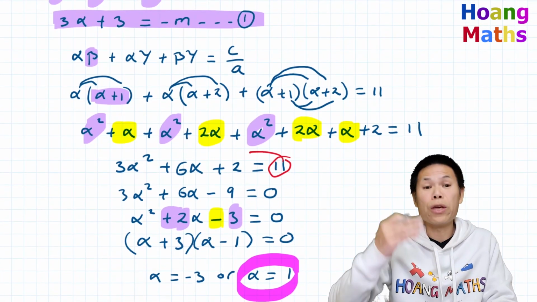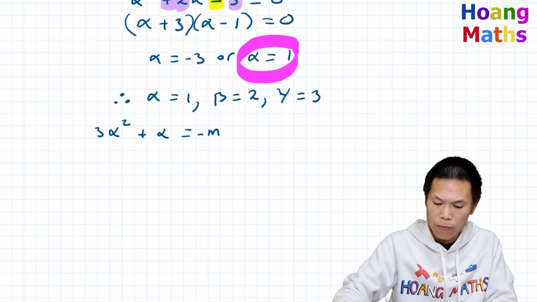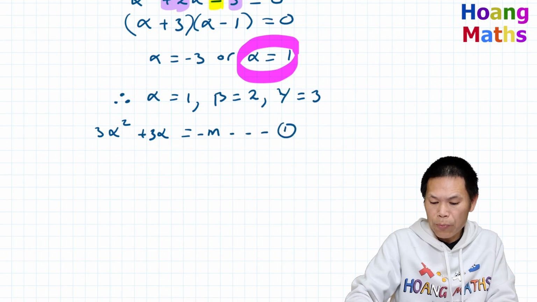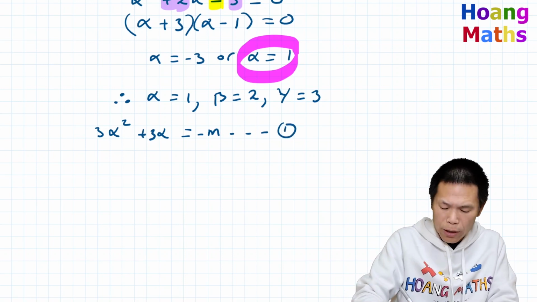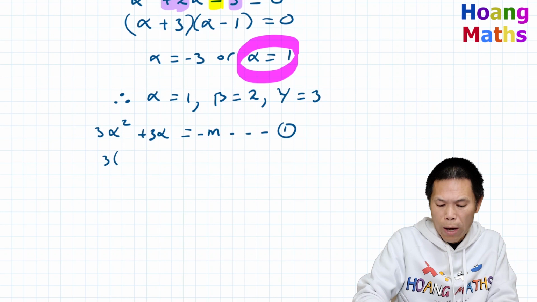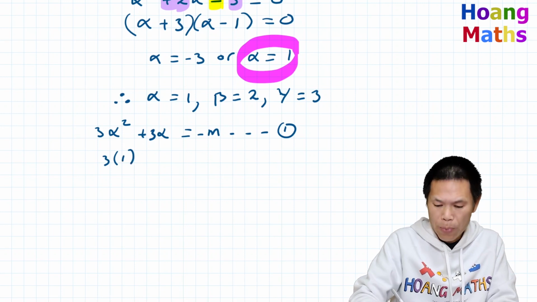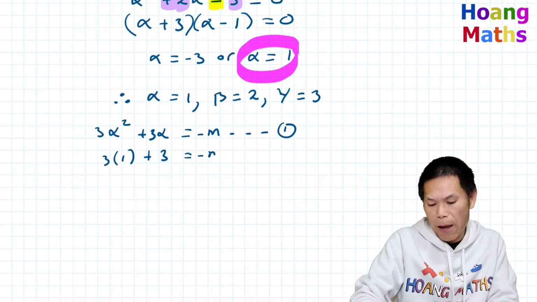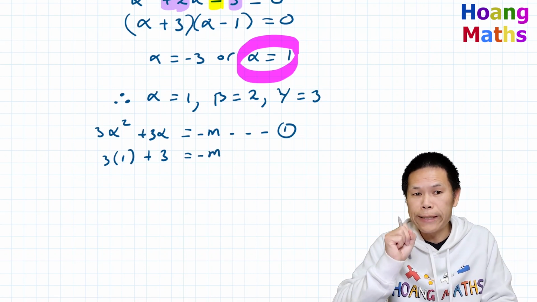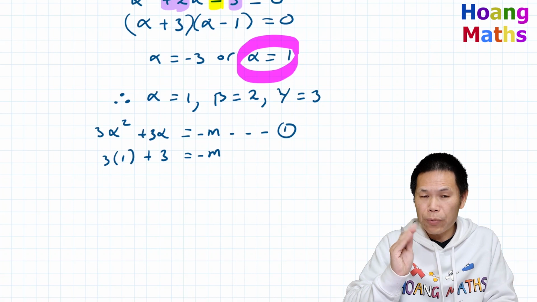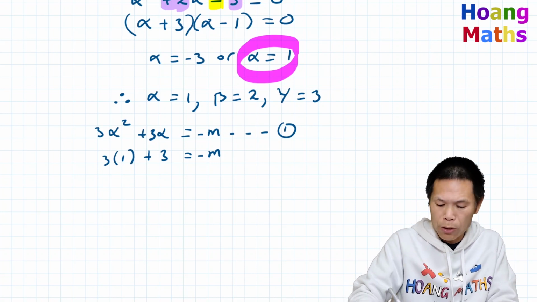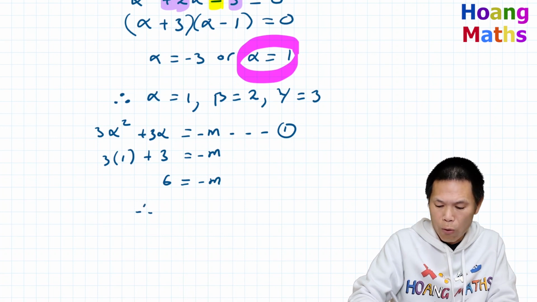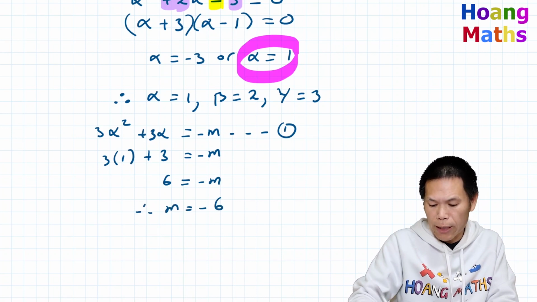Yes, 3 alpha squared plus 3 alpha equals negative m. So let's name this equation number 1. Now alpha equals 1, so that means 3 lots of 1 squared, which is 3, and we add 3 lots of 1, which is 3, equal to negative m. And 3 plus 3 is 6. So 6 is negative m. Therefore, m is negative 6.